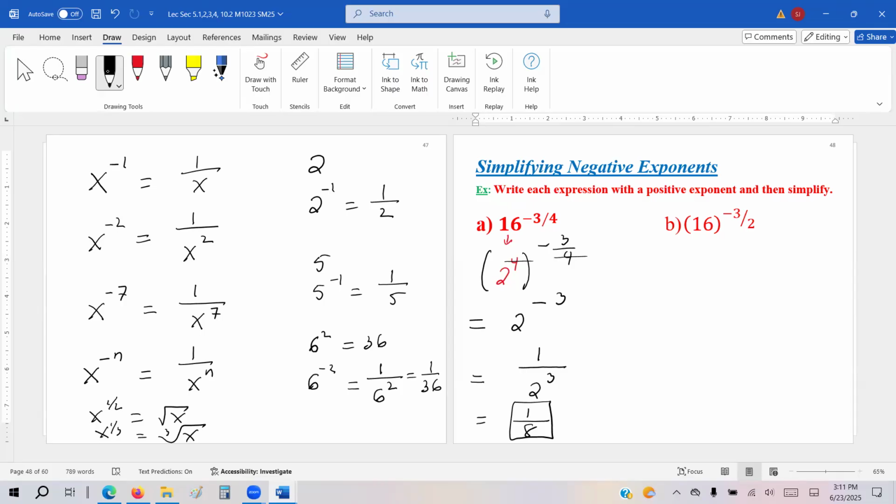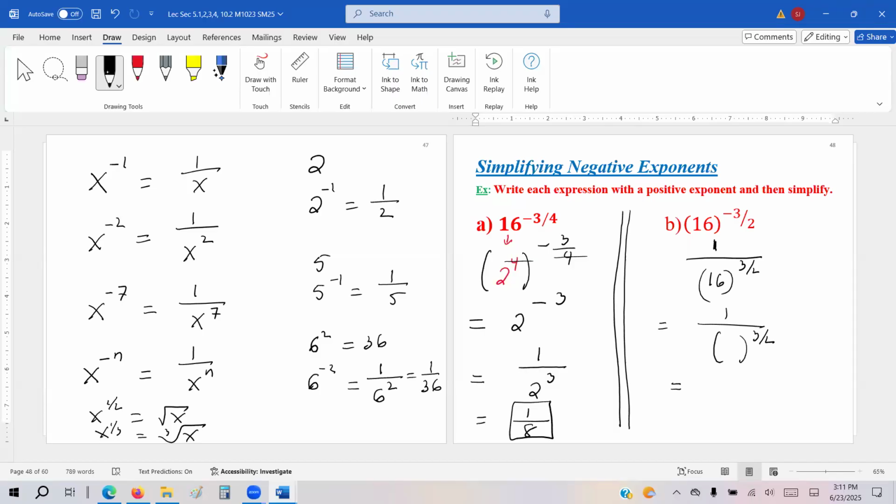Now, the second method I was talking about was to first turn this into a fraction. So if you turn this into a fraction, you get 1 over 16 to the 3/2 power. So you're going to rewrite 16 on the bottom. Now how are you going to rewrite 16? One number to which power? 2 power, right?